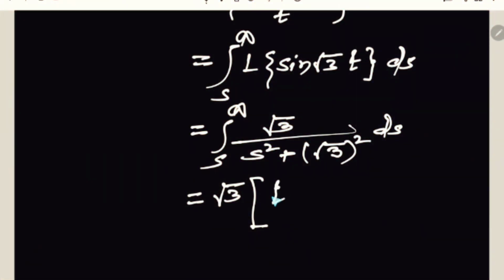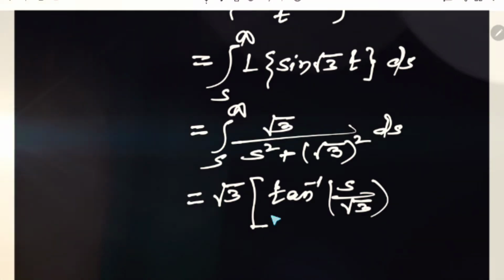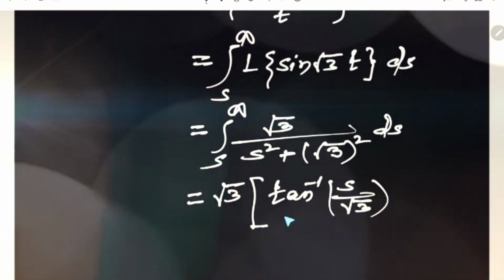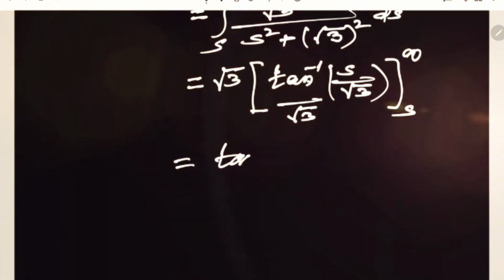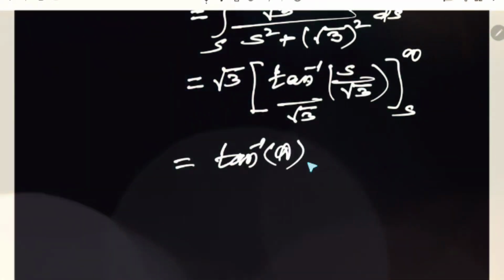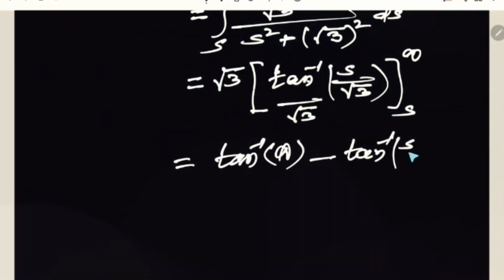Integration of 1 upon s square plus a square is 1 by a tan inverse of x by a. Here it is tan inverse of s by square root of 3 and divided by root of 3, and limit from s to infinity. So that root 3 cancels with that outer root 3 and then subtracting the upper and lower limit. For the upper limit it becomes tan inverse of infinity and minus tan inverse of s upon root of 3.